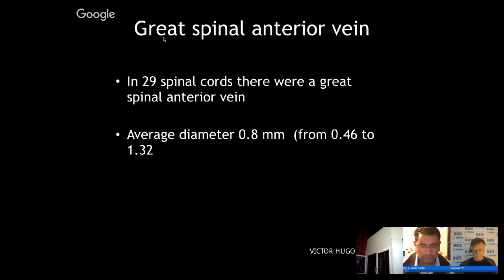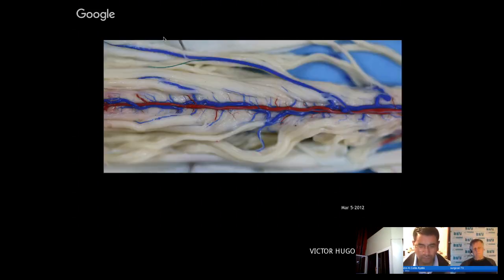In 29 spinal cords, there was a great spinal anterior vein. Average diameter 0.8 millimeters, from 0.46 to 1.32. Look at these pictures. It's really beautiful.